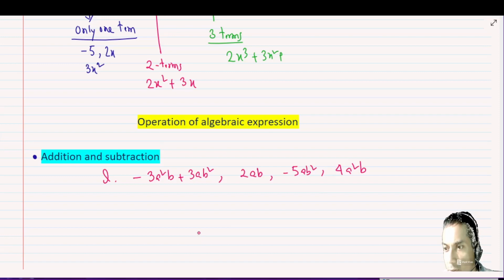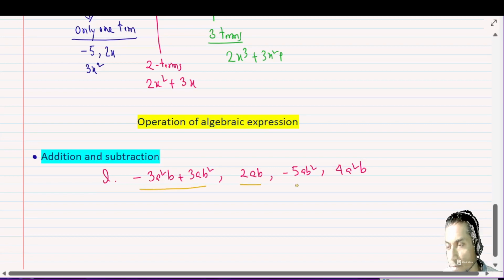Clear? So there are four algebraic expressions in the question. This is one expression, this is another, this is another, this is another.